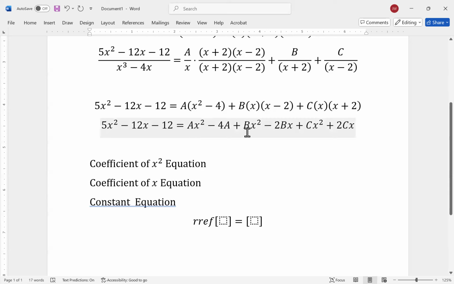Ax squared, Bx squared, and Cx squared on the right have to combine to give me 5x squared on the left. So that means A plus B plus C on the right has to add to 5 on the left.